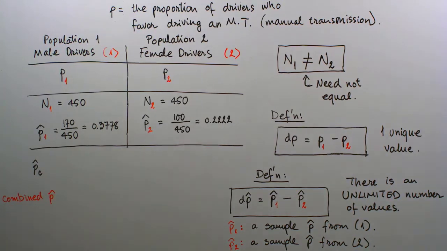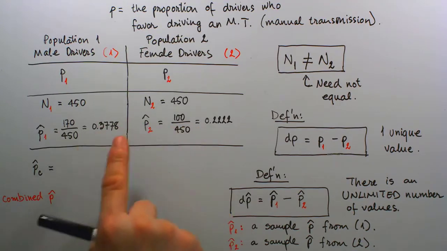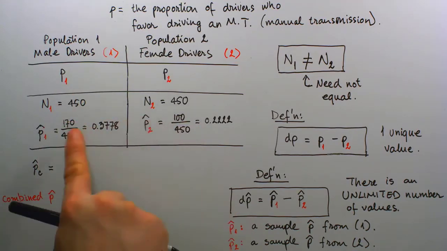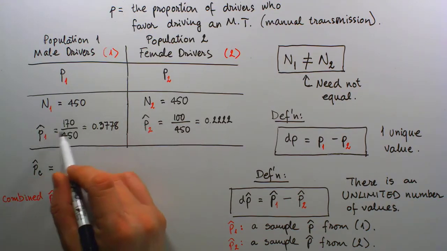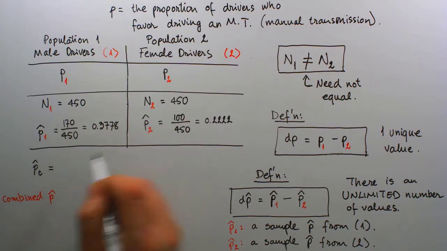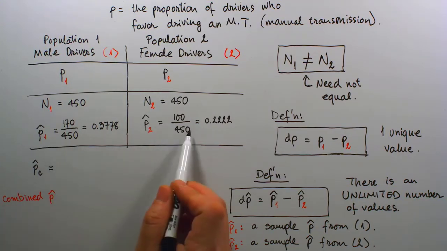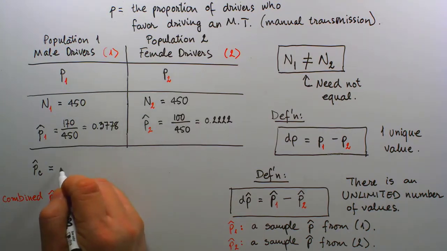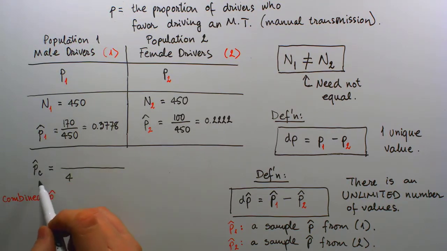And here's how we calculate it. For our specific problem, where we had the two samples given here, p hat 1 was at sample size 450. And p hat 2, even though the sample sizes are not required to be the same, was also at sample size 450.